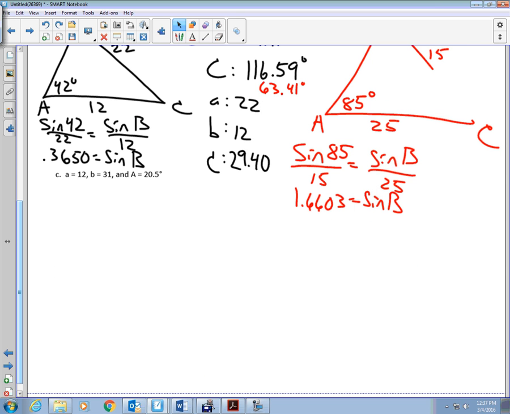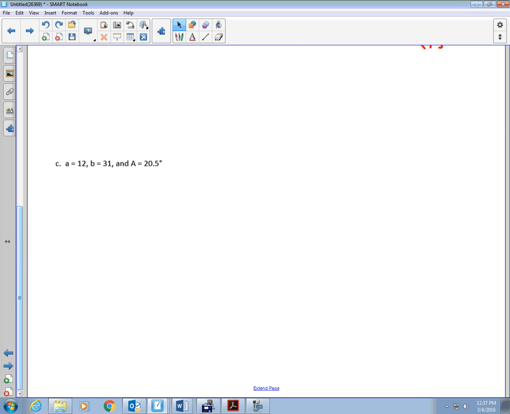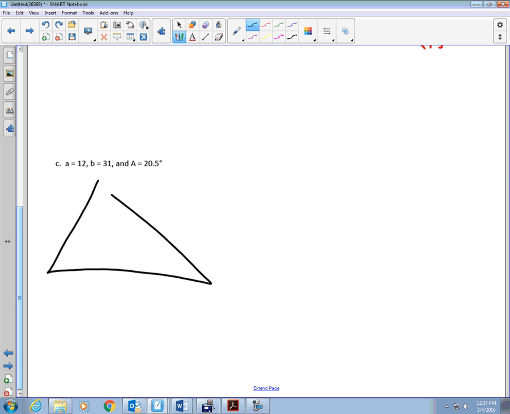Okay, last one. Set it up again. Do I draw my triangles proportionally to how they're supposed to be? No, I just draw a triangle. I put 20.5. I don't care if it's a 20.5 degree angle. I just draw it.